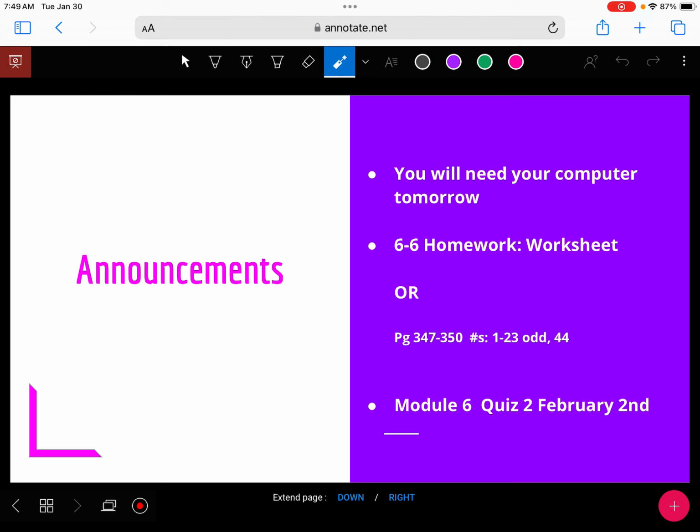So you might want your computer tomorrow. It doesn't work super great on your phones, but the only one on here that involves anything of what we're doing tomorrow really is number 10, where we're solving by graphing. You can also solve it algebraically, but we're going to talk about what it means to solve it with graphing tomorrow.